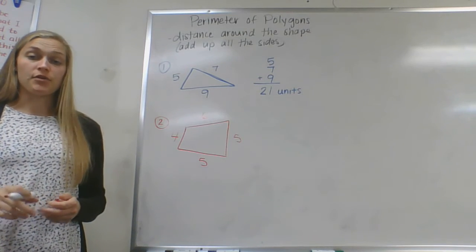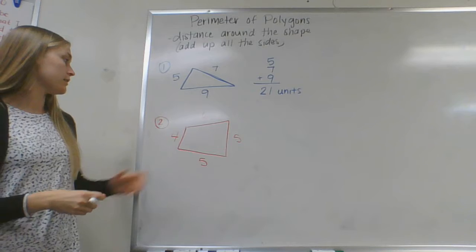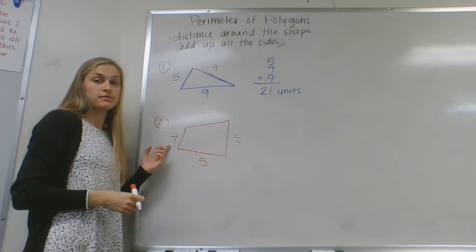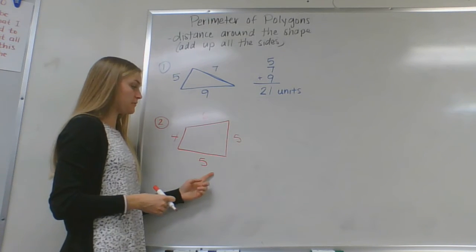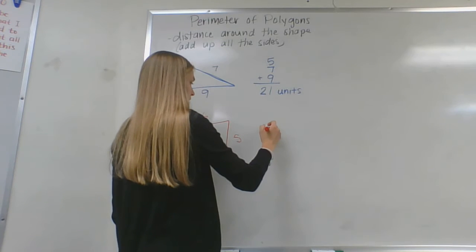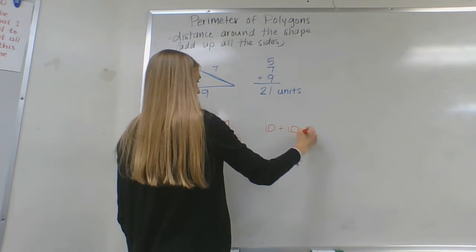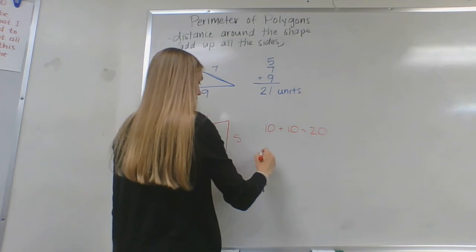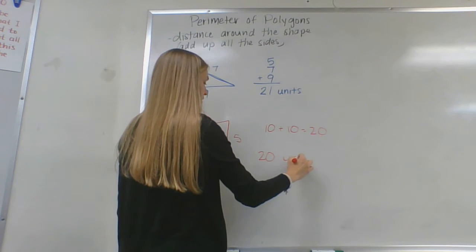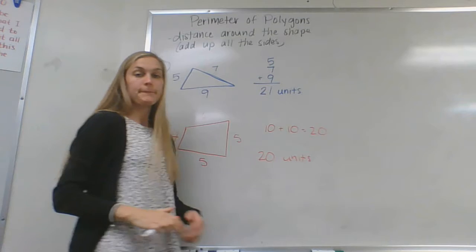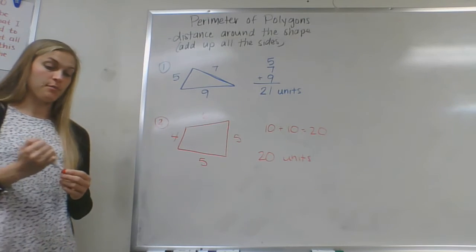Again, you're just going to add up all the sides. So we got 6 plus 4 is 10, and 5 plus 5, which is 10. And then we got our 10 plus our 10, which is 20. So this would be 20 units around that shape.